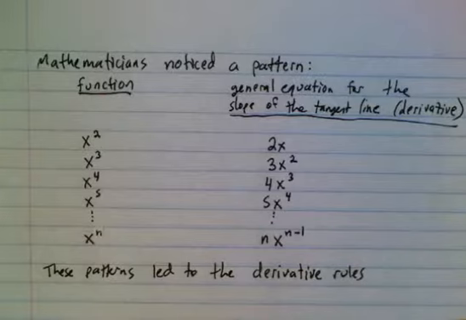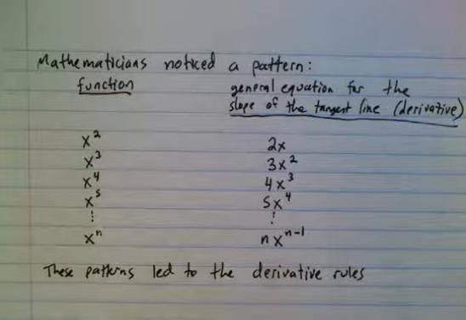Notice how much easier this is than going all the way through the limit definition. So we're about to get into more detail of what all those rules are that mathematicians spent so long figuring out. Before that, though, a quick caution.